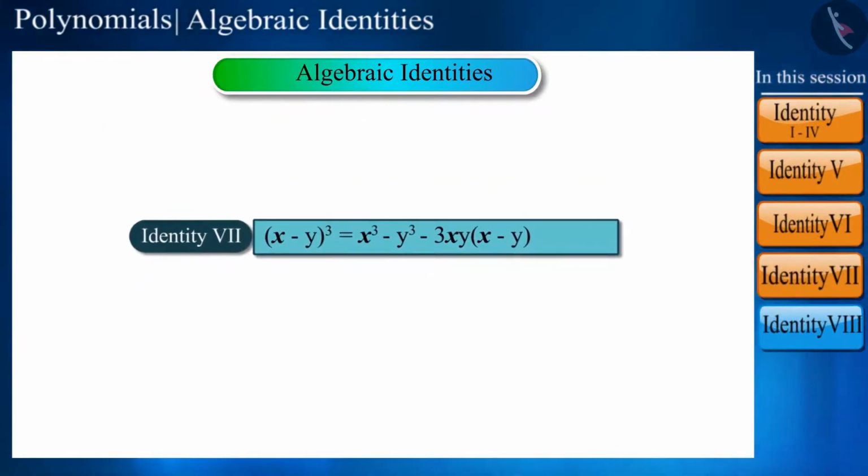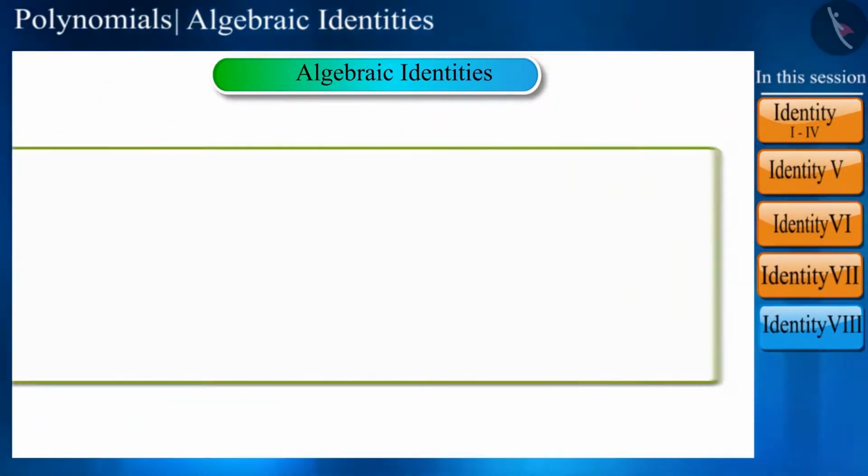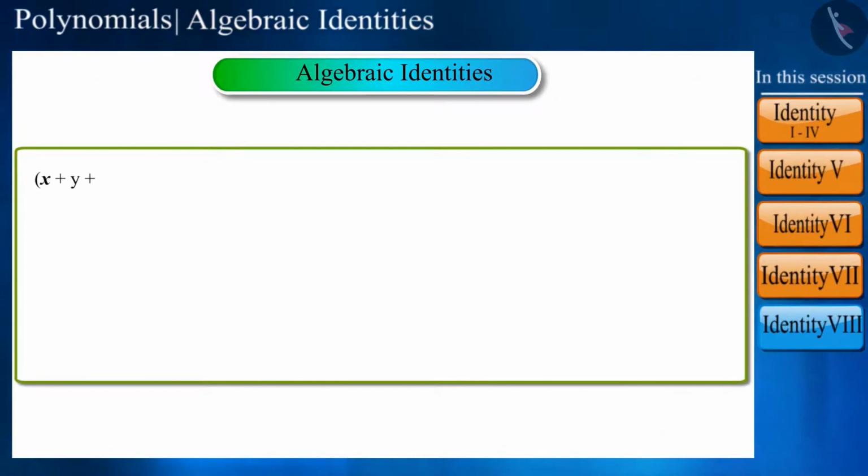And now let's move towards the last identity of this session. (x + y + z)(x² + y² + z² − xy − yz − xz). It looks a bit different in its extended form.